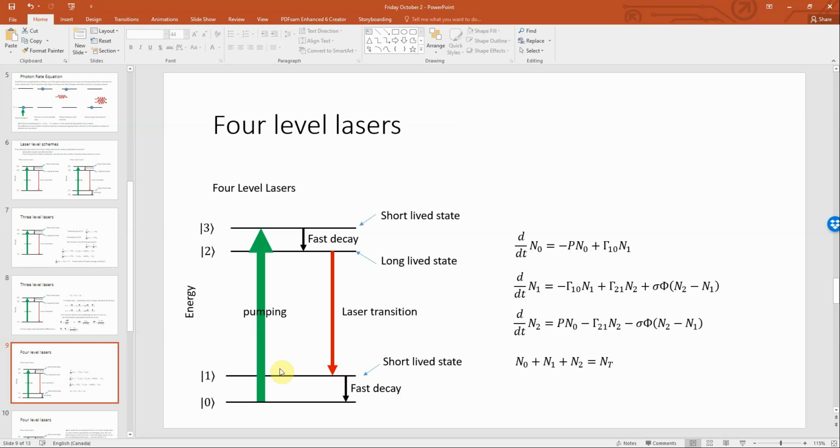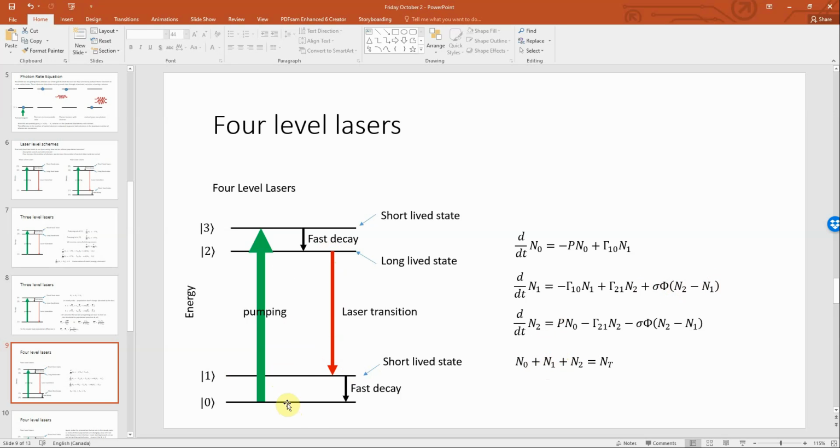And the population in n1, in this short-lived first state, is going to be, of course, how fast we decay from this first state down to the ground state, plus we also add population to the first state when we decay from the 2nd state down to the first state, and we also gain population in this first state from stimulated emission, from this absorption cross-section times the population difference.